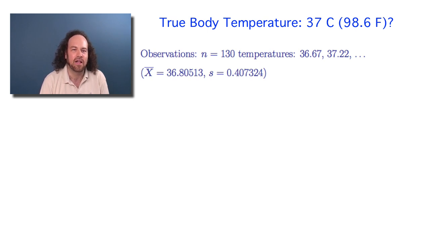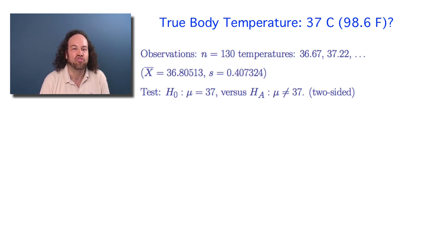And then they said, well, does this confirm or deny the possibility that the true average human body temperature is equal to 37 degrees? Well, to set this up as an experiment, we can say that the null hypothesis now is that the true normal human body temperature, mu, is equal to 37 degrees. And the alternative hypothesis is that it's something else besides 37 degrees.